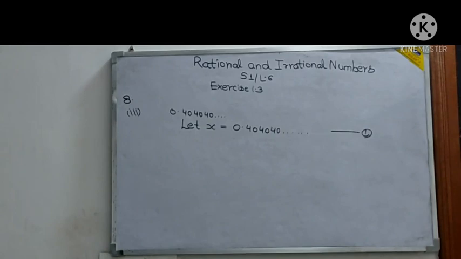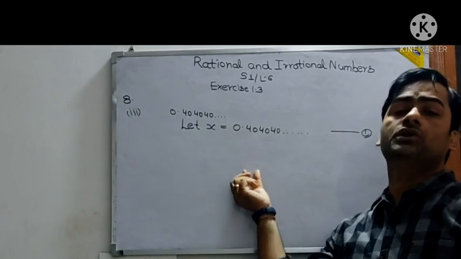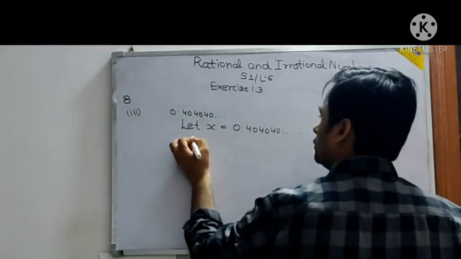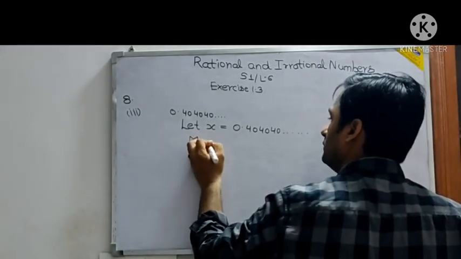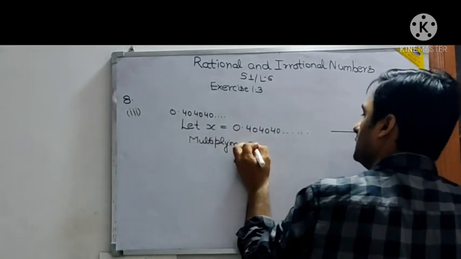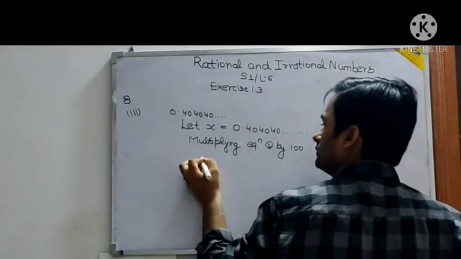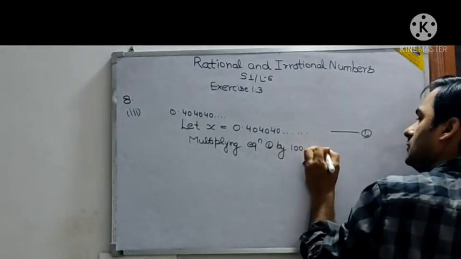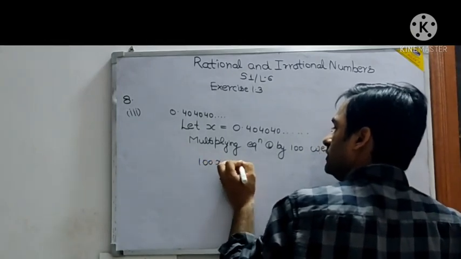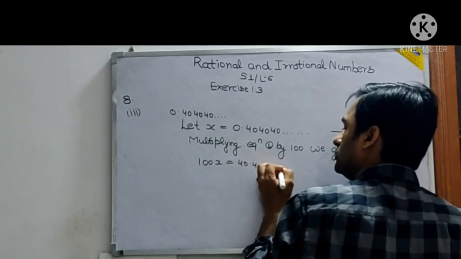What will you do next? Now see here, since there are 2 digits, we will multiply equation 1 by which one? 100. The 0 is there, not an issue. So multiplying both sides, equation 1 by 100, we get 100x is equal to 40.404040 dot.